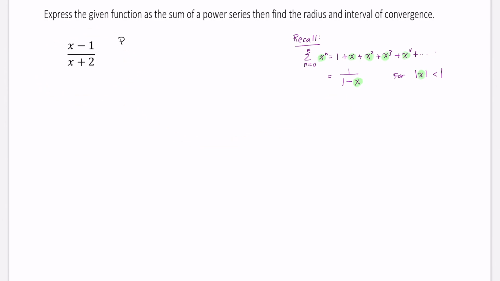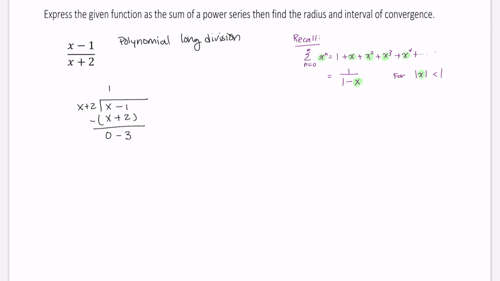Let's use polynomial long division to start. So x plus 2 divided into x minus 1. x goes into x one time, and we multiply to get x plus 2. Let's go ahead and subtract. x minus x is 0, and negative 1 minus 2 is negative 3.